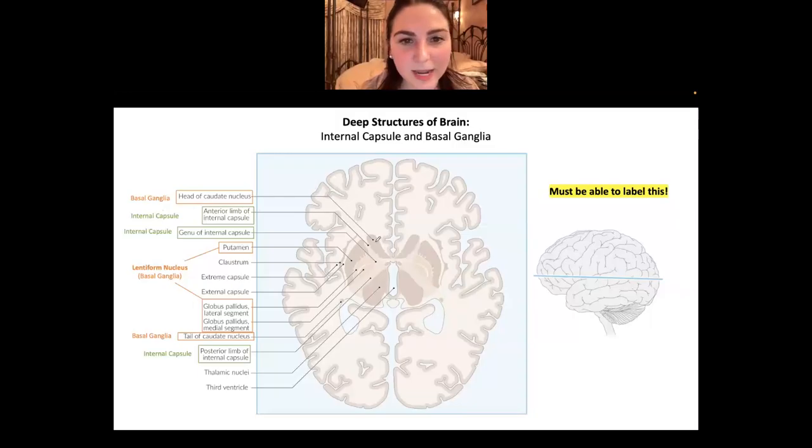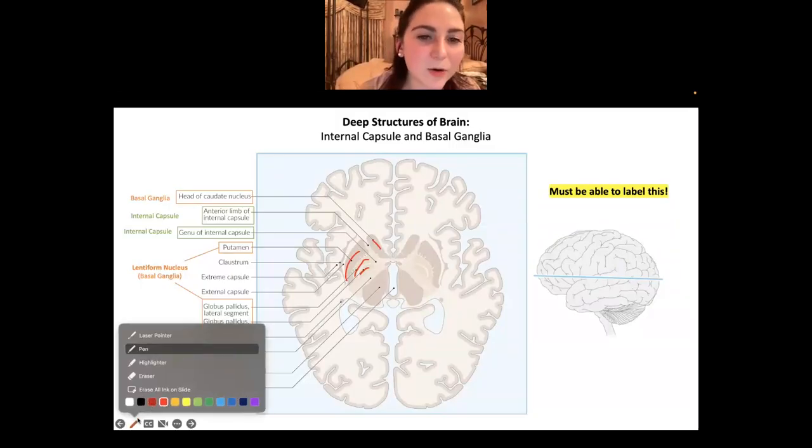So for the basal ganglia, everything was on the last slide. The caudate nucleus is here, the putamen is here. And then down here, the various parts of the globus pallidi. So the globus pallidus externus, internus, this is all basal ganglia. Everything I put a red slash in.